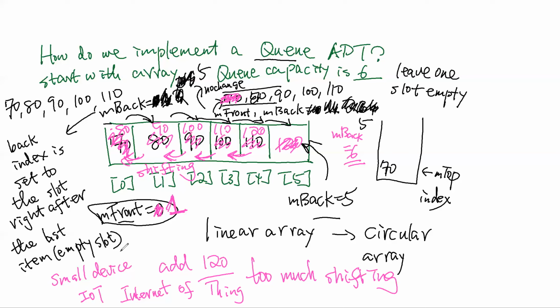The hardware itself is very limited. In that case, you may want to implement a queue using an array. Even in that case, if you do a lot of shifting, it's not going to be efficient. So this is regarding embedded system design.